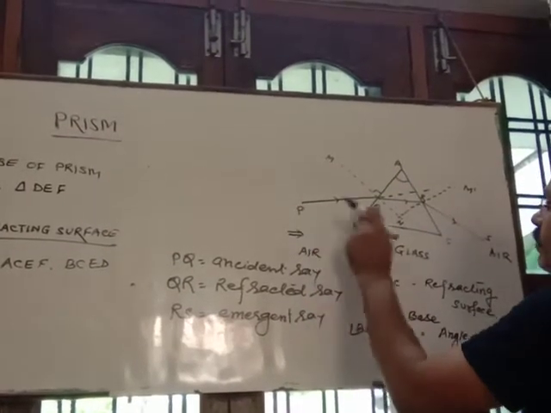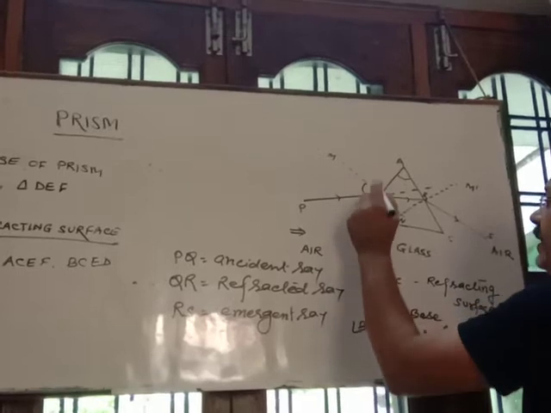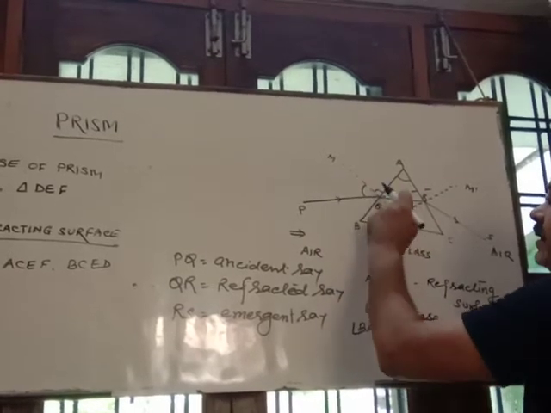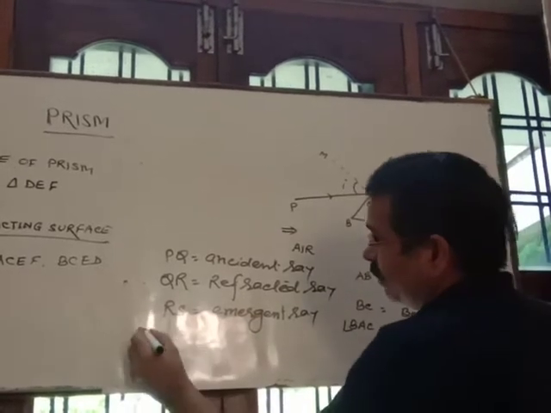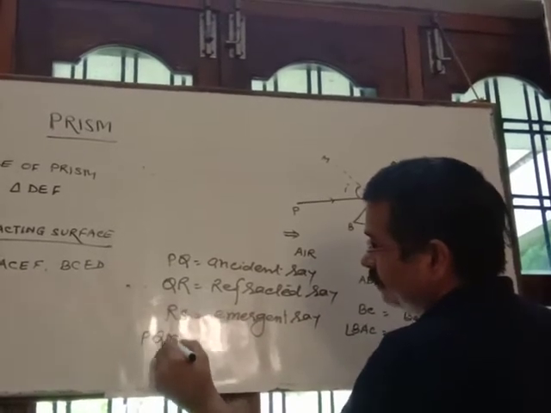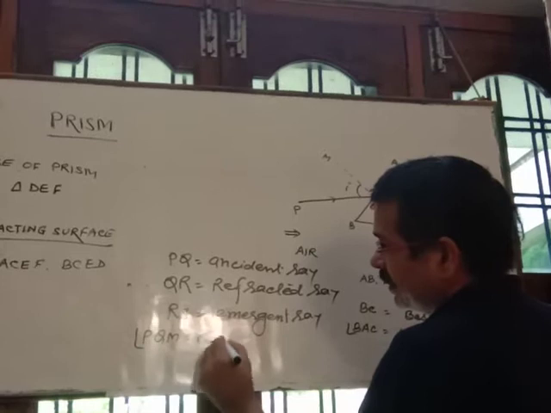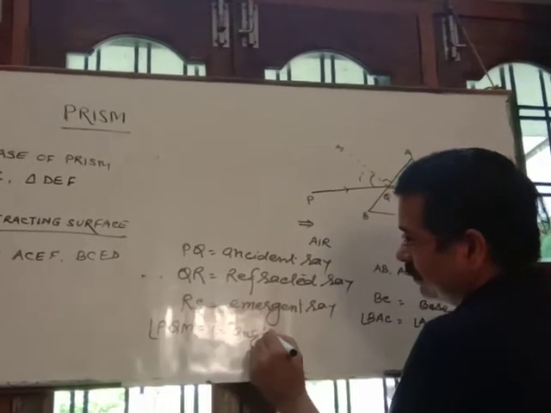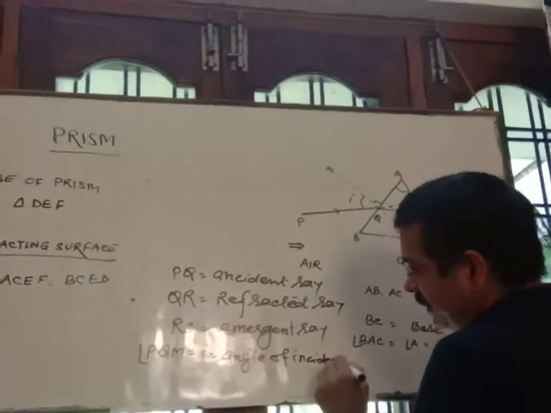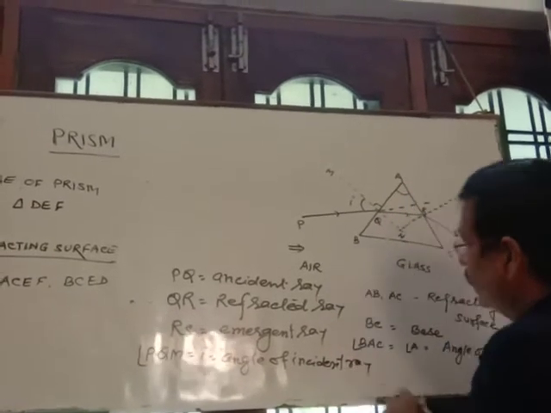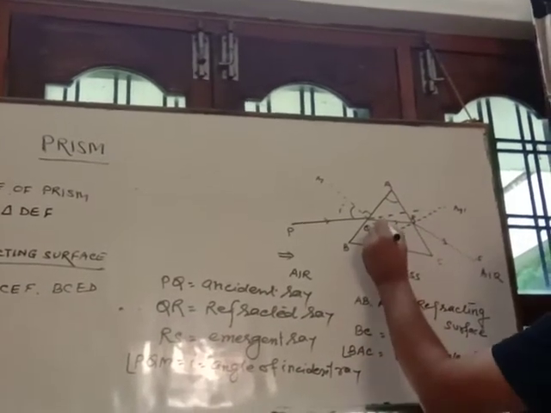This angle PQM is the angle between the incident ray and the normal, so it is the angle of incidence, denoted I. This angle RQN is the angle between the refracted ray and the normal.